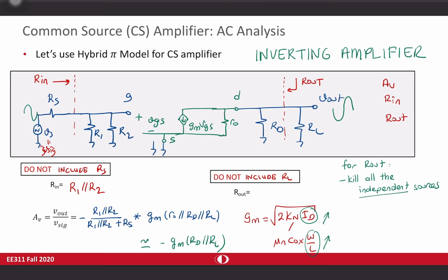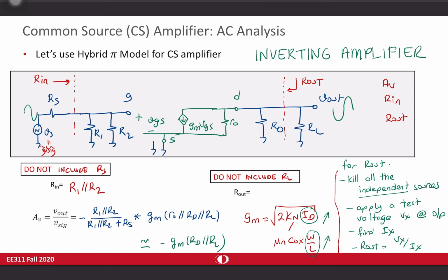Independent means that it can be AC as well or small signal, but it shouldn't be dependent. And then apply a test voltage Vx at the output. Then find Ix passing through Vx, and then Rout will be equal to Vx over Ix. We will use it a lot, so please try to understand this algorithm in here.